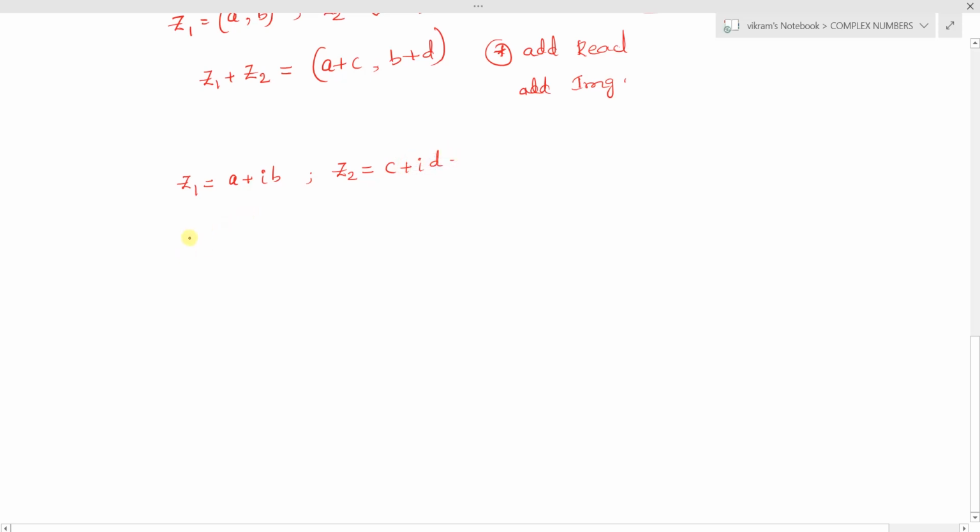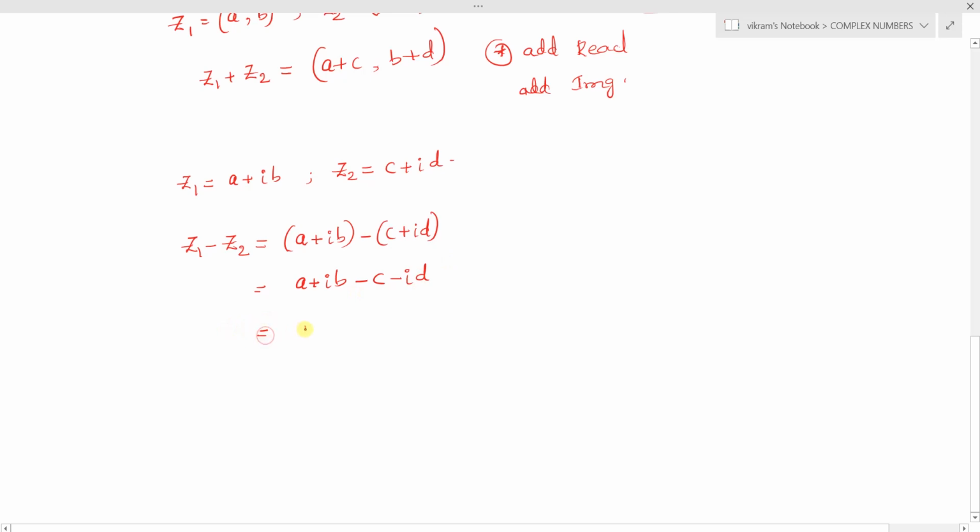Okay, so now we need to perform z1 minus z2, which is equal to a plus ib minus c plus id. Just perform the regular real number subtraction. Then what will we get? a plus ib minus c minus id.